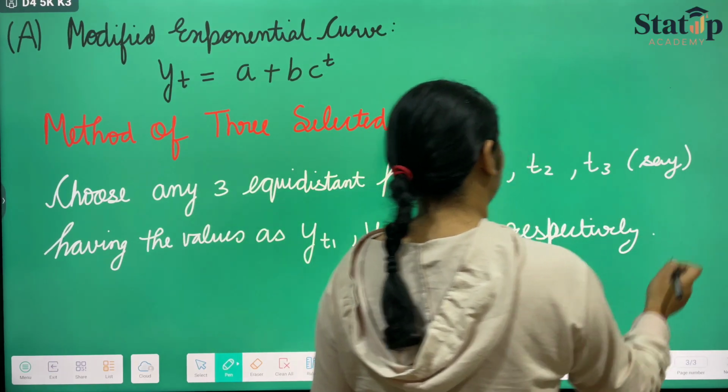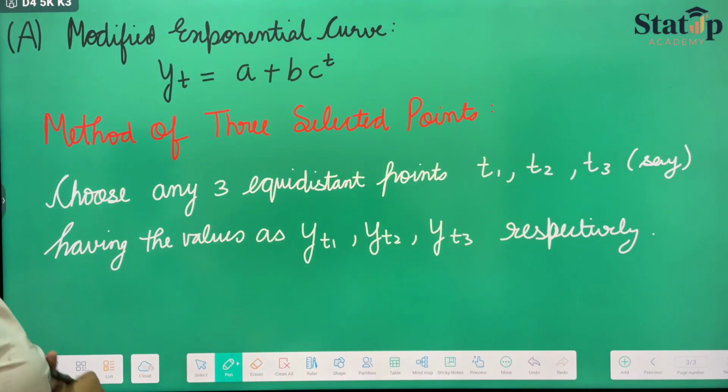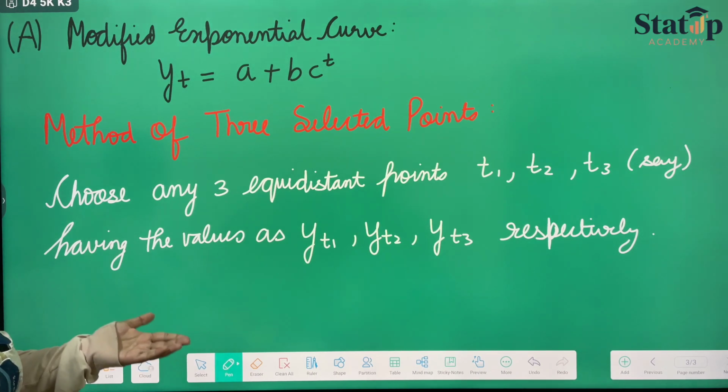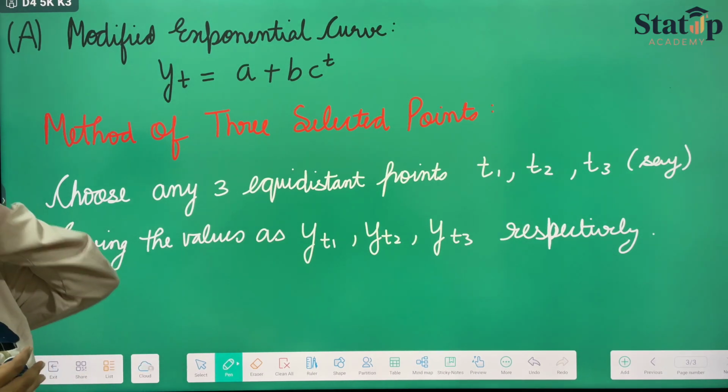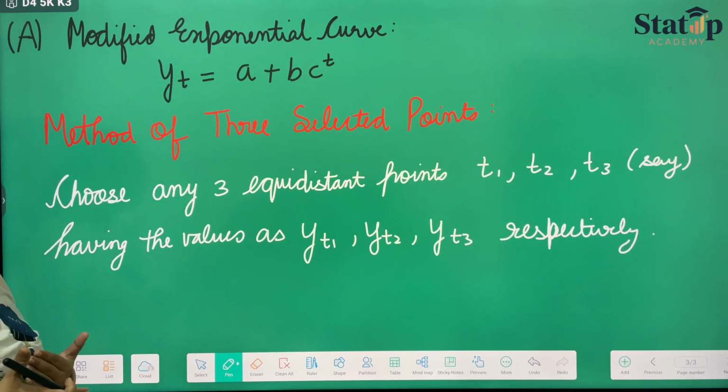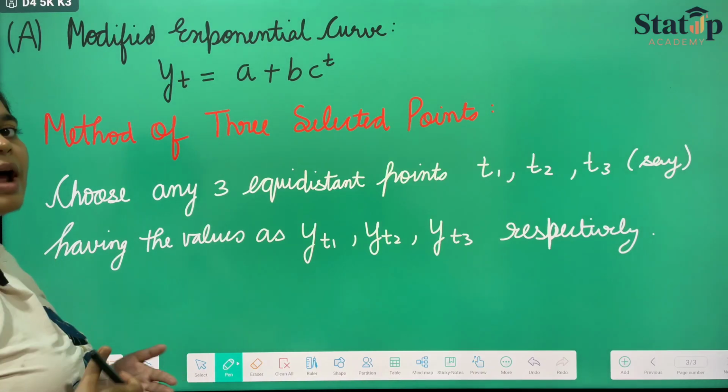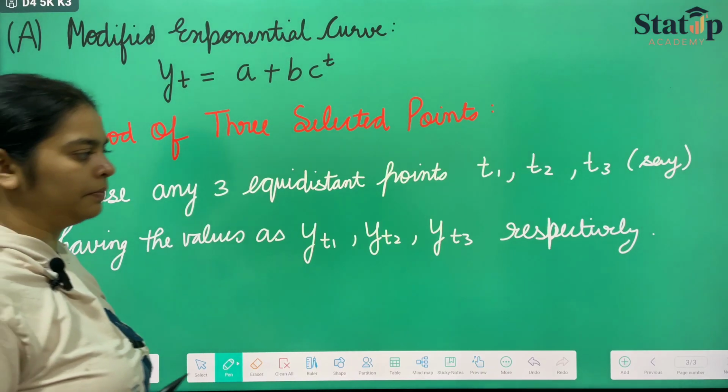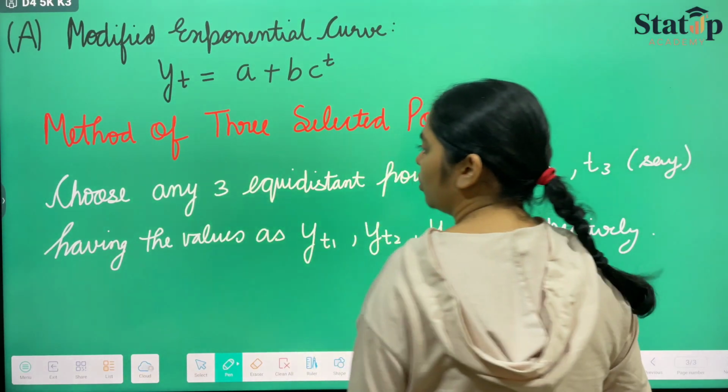So we choose any three points t1, t2, t3, and corresponding to them, they have values yt1 at the time t1, yt2 at the time t2, and yt3 at the time t3.